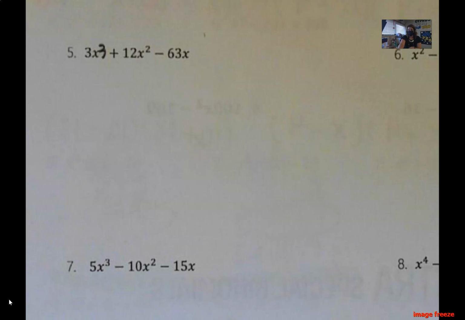After you do this problem, you're going to have to fill out that hall pass. Do you need 30 seconds or more than 30 seconds?